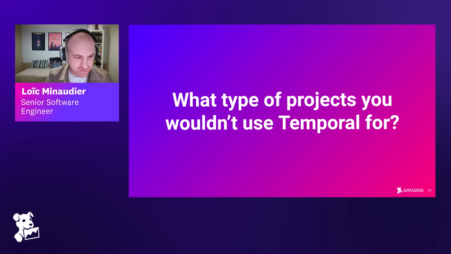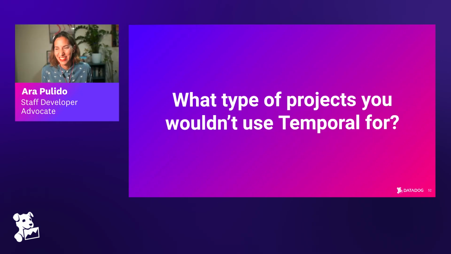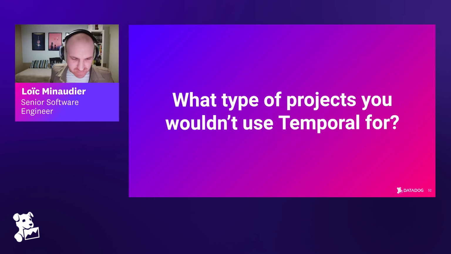On my side, I would guard against using Temporal as a message queue. Temporal has a very nice concept of signals. You can send signals to a workflow instance, and that can be abused, and you can very easily build an entire message queue inside a single workflow. Temporal doesn't scale well with that.